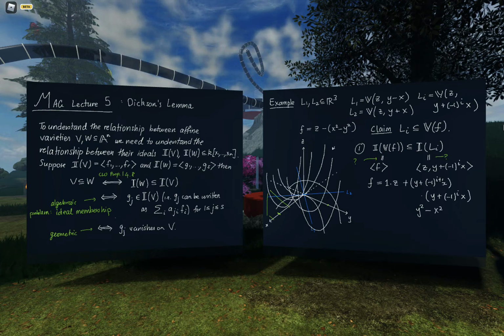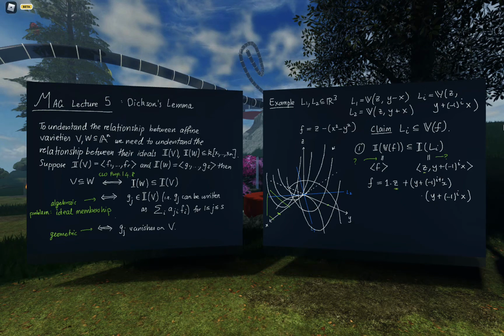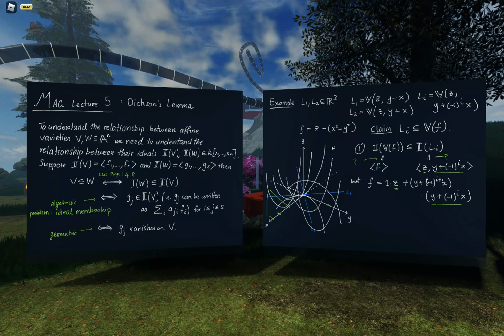Does that make sense? In order to match up with this sign here. The point being that this is something times z, the first generator, plus something times the second generator. So this proves that f is in fact in the ideal associated to the line, which proves those lines are on the surface.